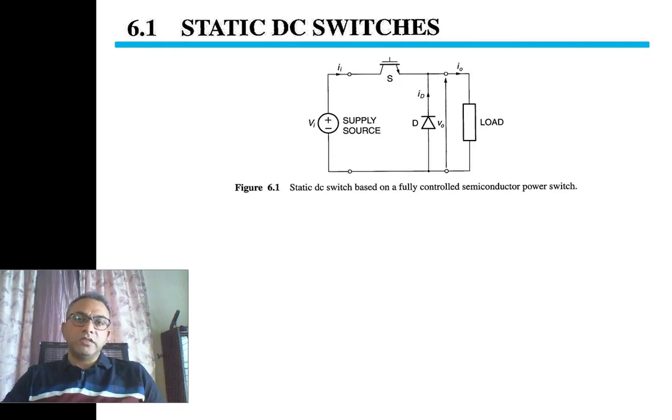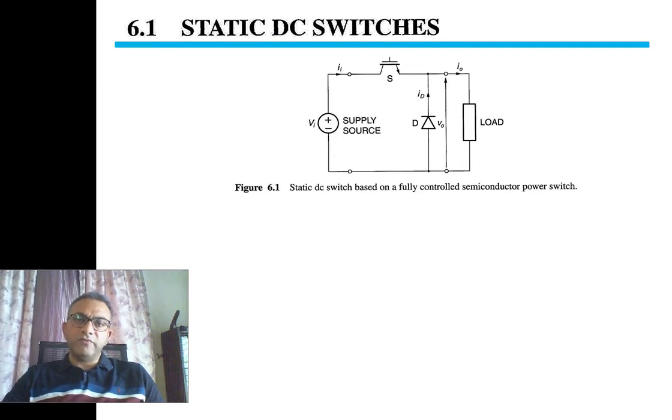The current from the power supply is represented as I or I input. Then we have a switch called switch S. This is our fully controlled semiconductor power switch. Here an IGBT is shown.